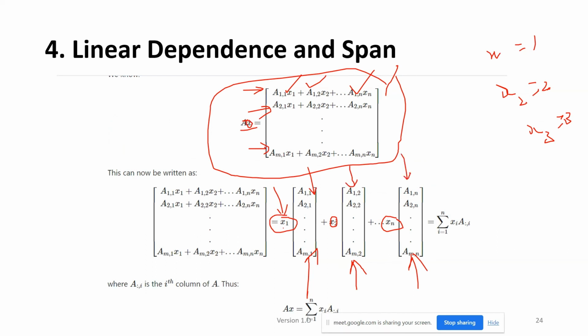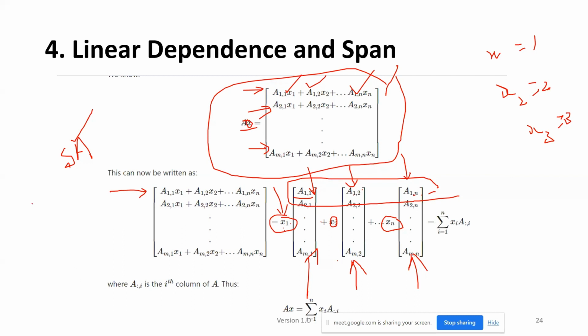This is represented as a11 into x1 plus a12 into x2 plus a1n into xn. All these together form the first term. When we multiply a scalar with an array, that is a matrix or a vector, it creates a vector or a matrix.